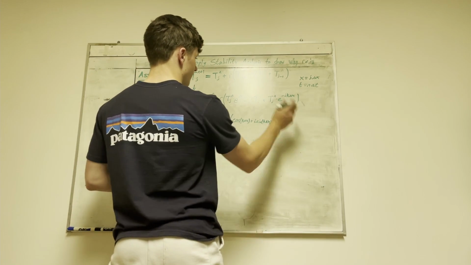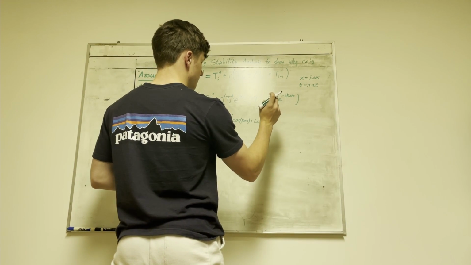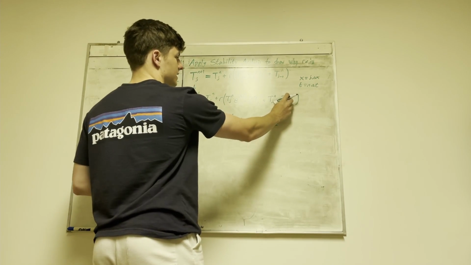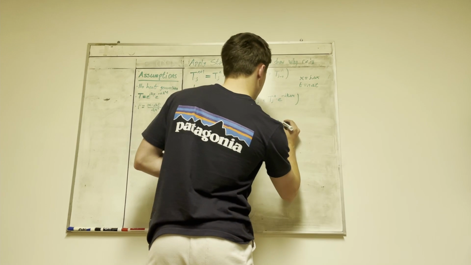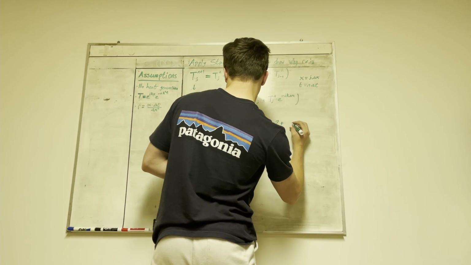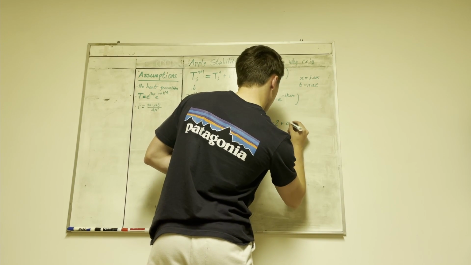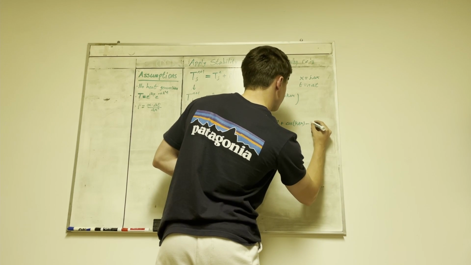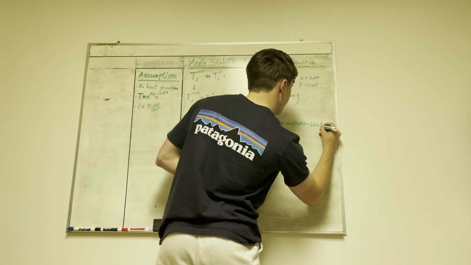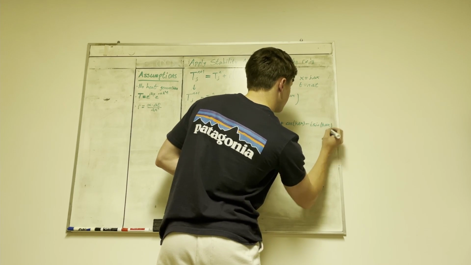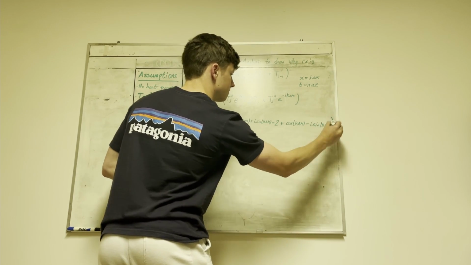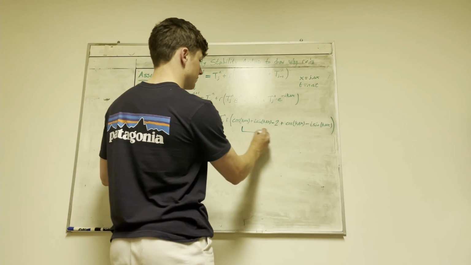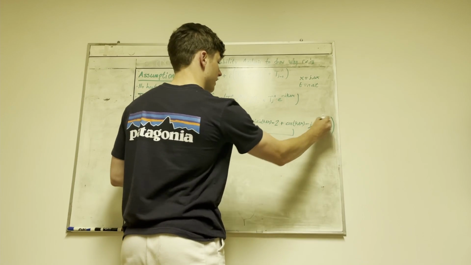And so then that got factored out, so that'll just be minus 2. And then we have this e to the negative ik delta x, and this will be plus cosine of k delta x minus i times the sine of k delta x. So as we can see here, these can combine, and then these will cancel.